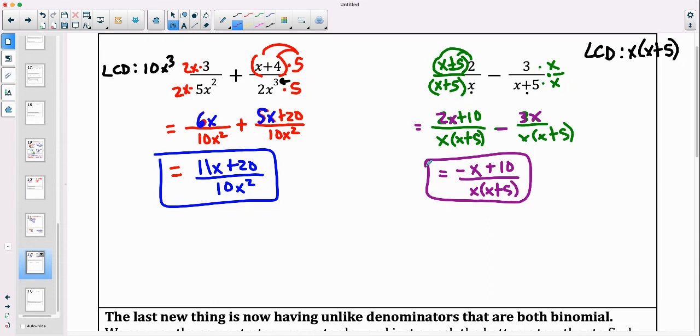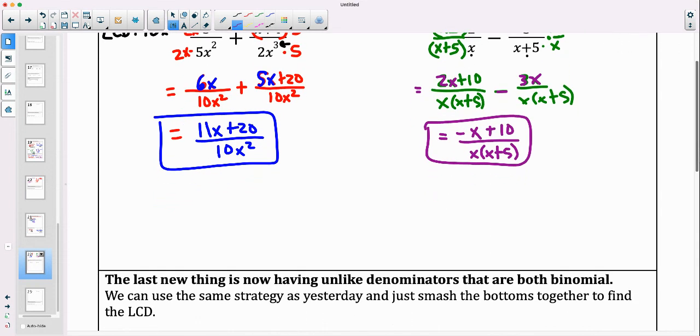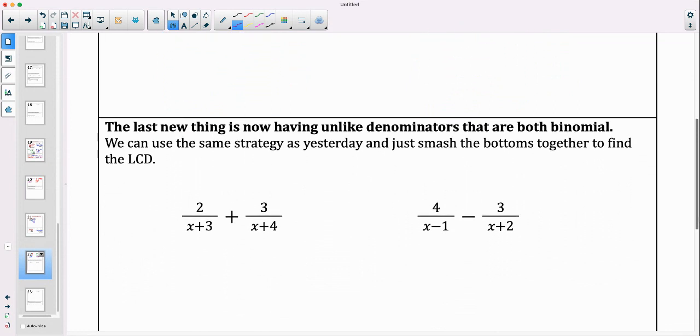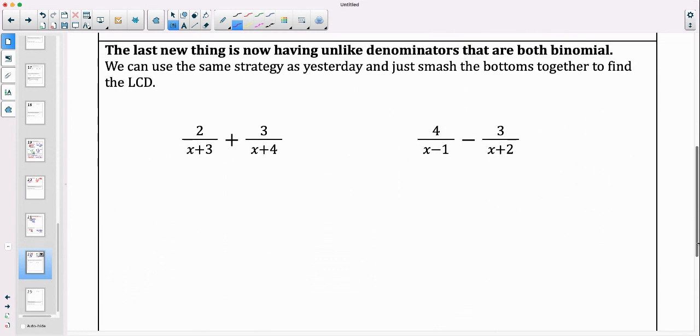Now what we need to be able to do is the last version of this, which is both denominators being binomials. Okay, it's not that different than what we did yesterday. We can use the exact same strategy as before, and just multiply the two denominators together and get that LCD.